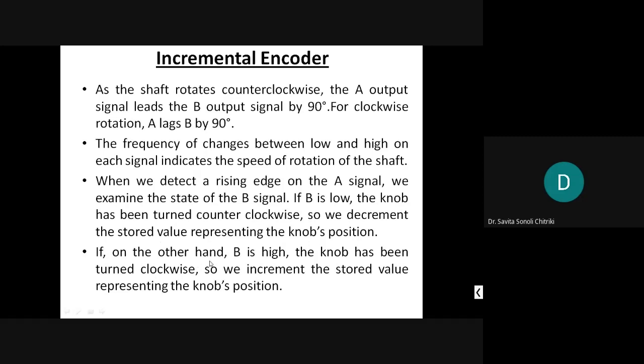If on the other hand B is high, the knob has been turned clockwise, so we increment the stored value representing the knob's position. Depending on the A signal and B signal, we decide whether the motor is running in the clockwise or anti-clockwise direction.